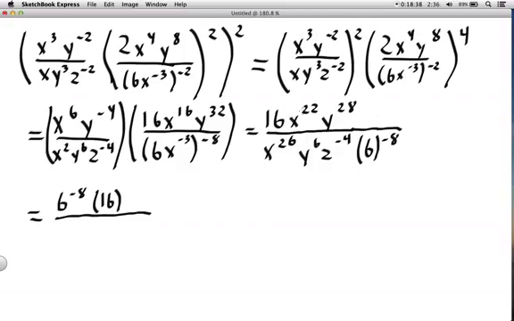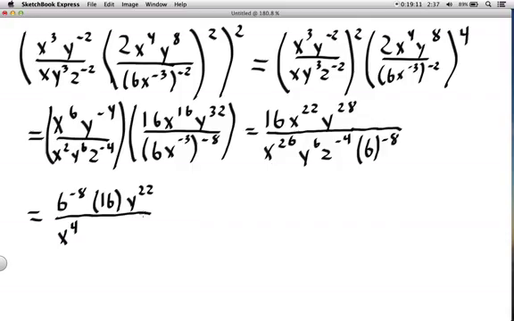Now, look which ones are going to be negative going in the denominator and which ones will be left for the positive exponent. 22 minus 26, that's negative. So let's just deal with the positive ones first so we can fill up the numerator. So we'll have 28 minus 6 is y to the 22. That goes in the numerator. And then this is going to be negative 4. 22 minus 26, so x to the negative 4 in the numerator, or x to the positive 4 in the denominator.